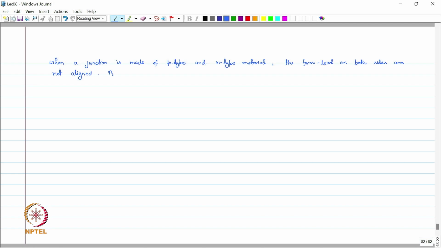Because the Fermi level for a system in equilibrium should be uniform, the band bending takes place.